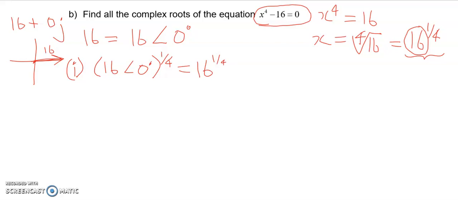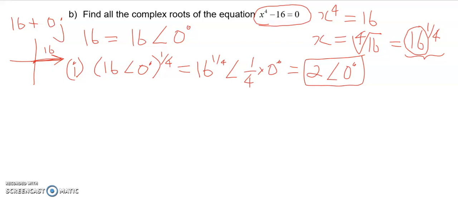That's just going to be 2. And then you multiply the angle by 1 over 4. So what you end up with is 2, the fourth root of 16, angle 0 degrees. So there's your first root, your first solution.